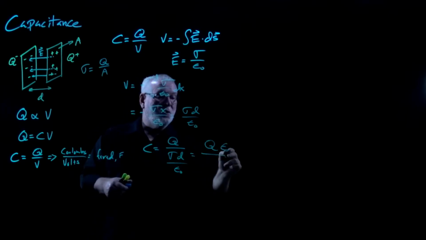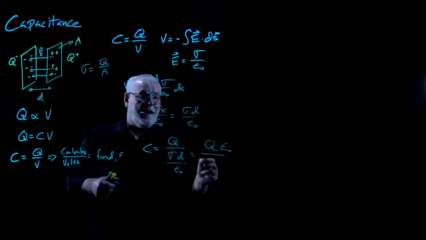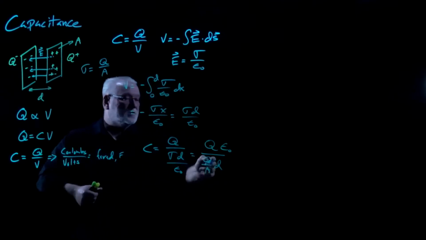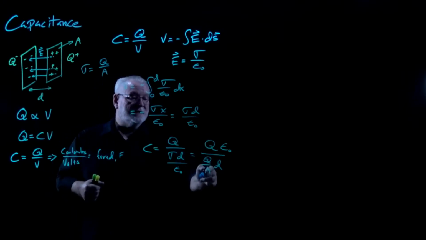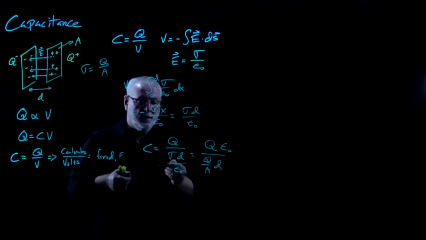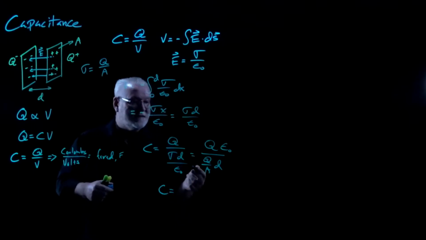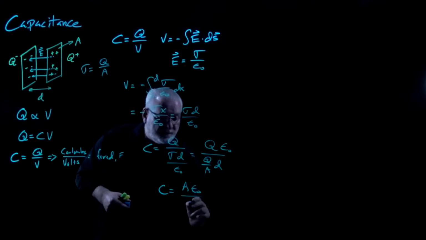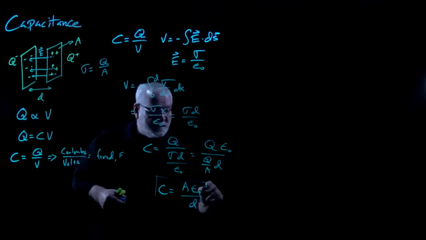This will be Q epsilon naught, and then sigma actually becomes Q over A times d. And so the Q's can cancel. The A comes into the numerator. And so for a parallel plate capacitor, it's going to be A epsilon naught divided by d. And this is its capacitance.